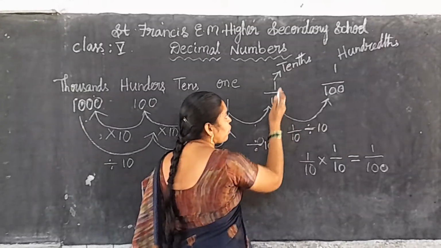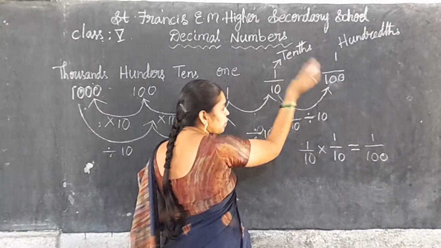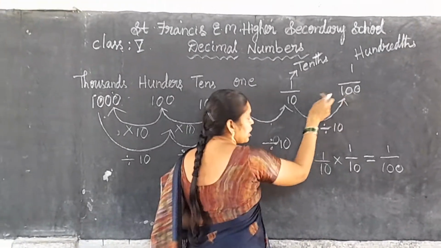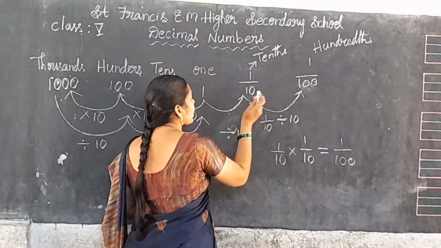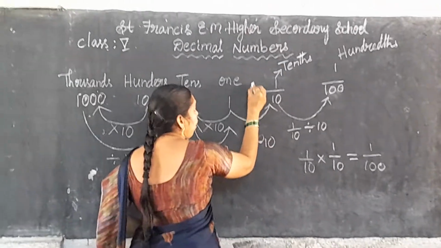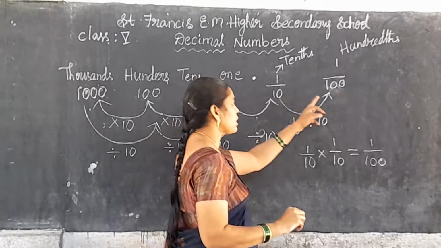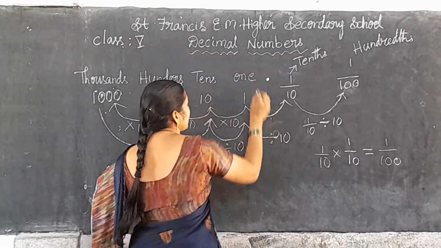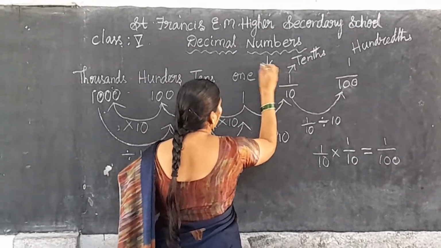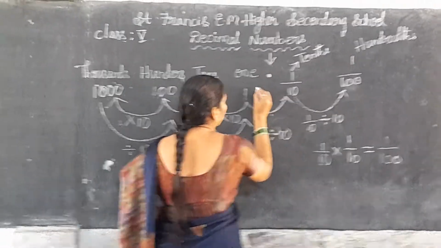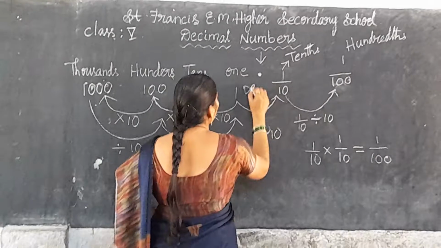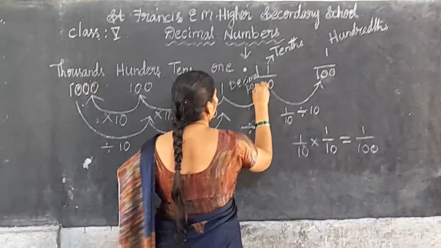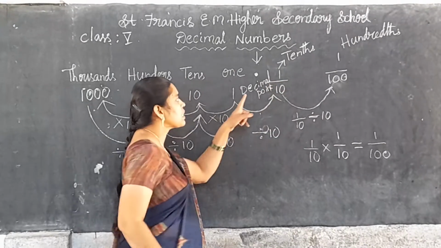Going from one to the right side, this is a new place, and this is also a new place. These new places you can separate by a dot. This is a decimal point. We will read this as decimal point. Clear, children?